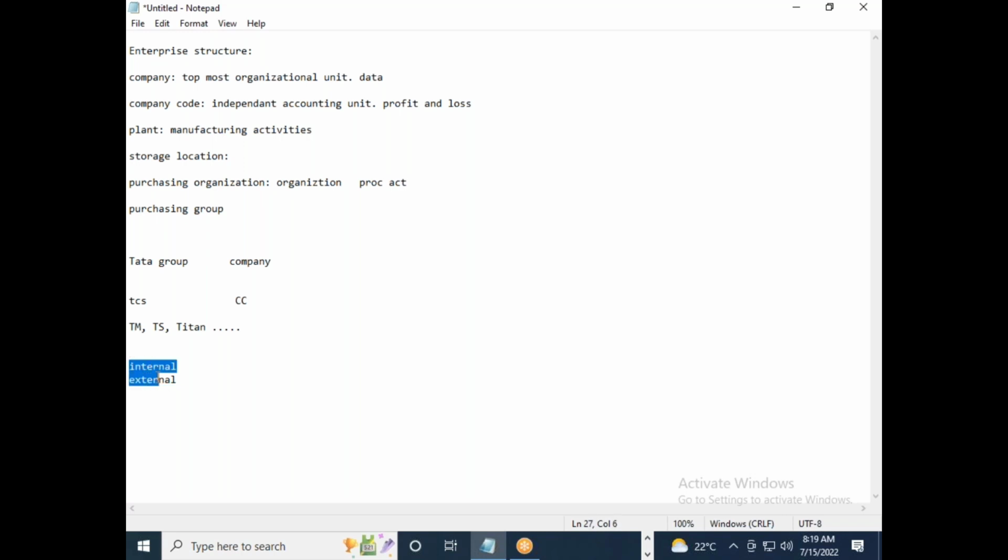That is the difference between internal and external procurement. Both the procurement activities are going to be taken care of by this purchasing organization. Any doubts until now?